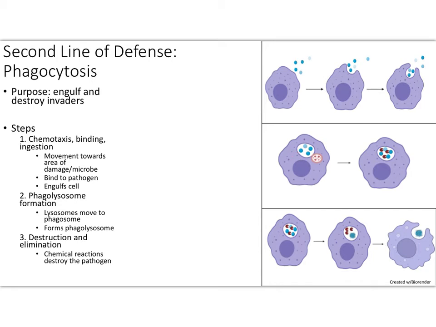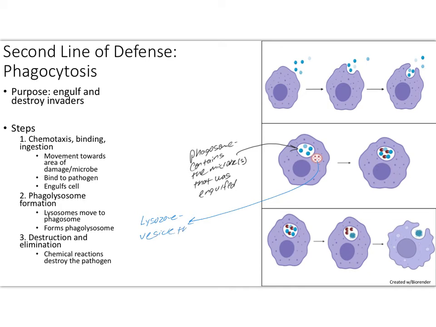The phagosome is a temporary vesicle that contains whatever was brought into the cell, the microbe that was engulfed, and the lysosome is a vesicle that contains lysozyme.